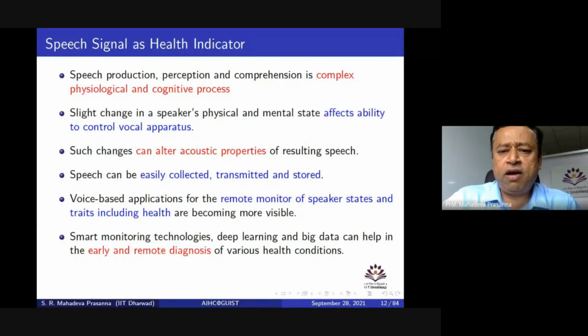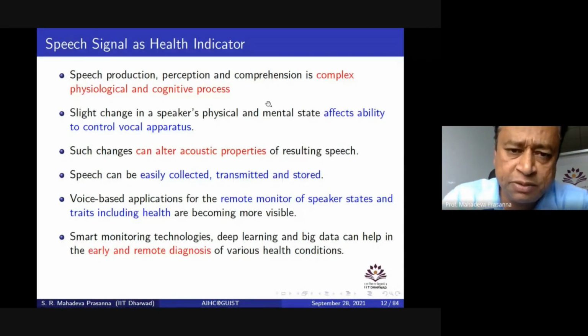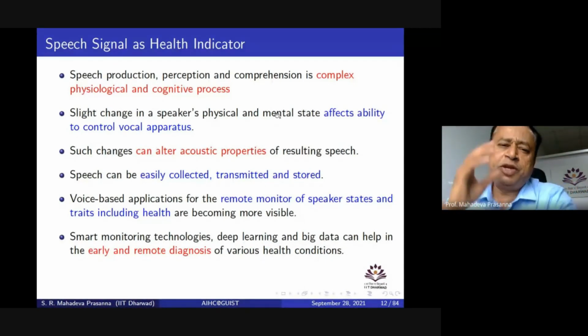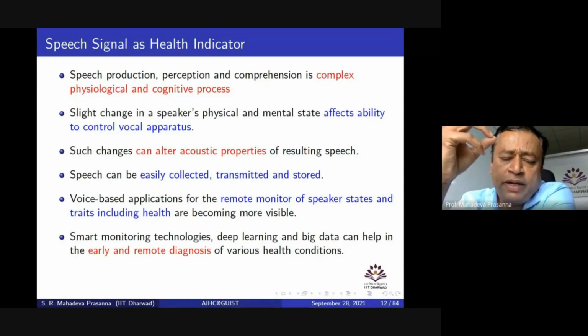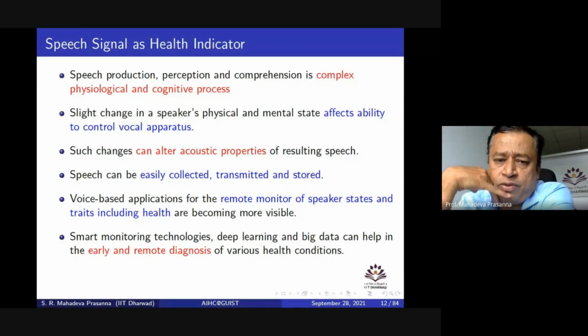it is a very complex physiological and cognitive process. So we need to appreciate this point. When I consider speech production, perception and comprehension, it is a very complex physiological and cognitive process.